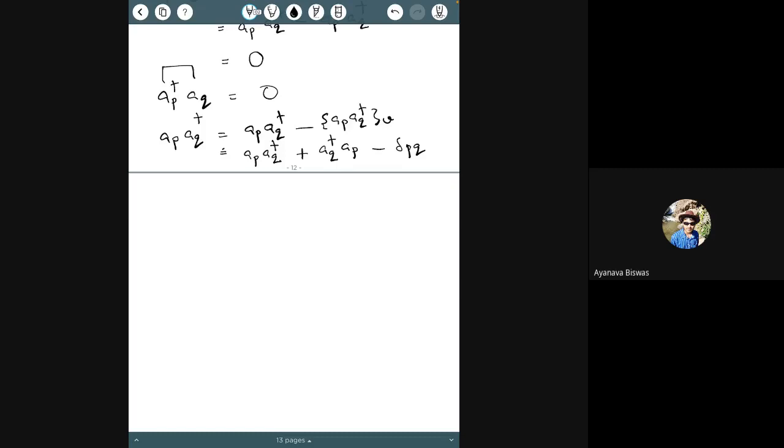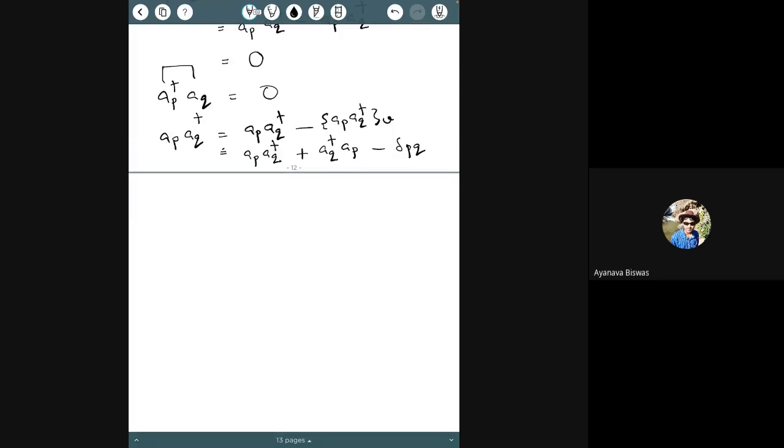This is the normal ordered form of this. This is delta PQ minus delta PQ, right?